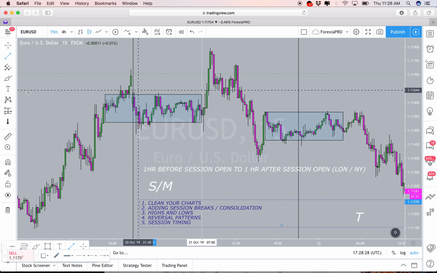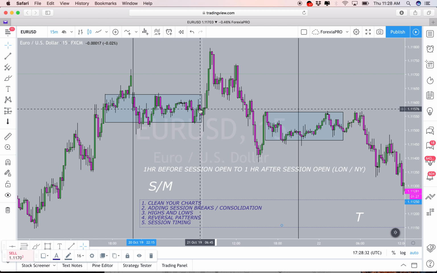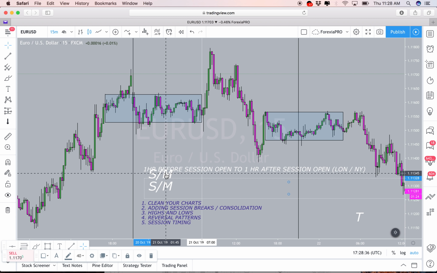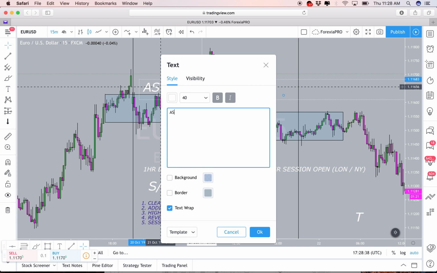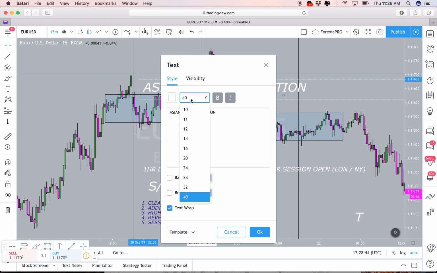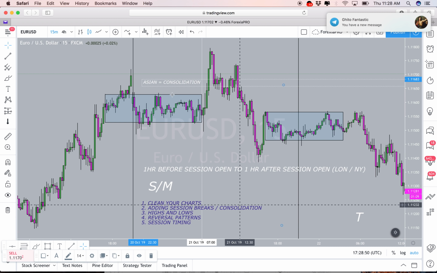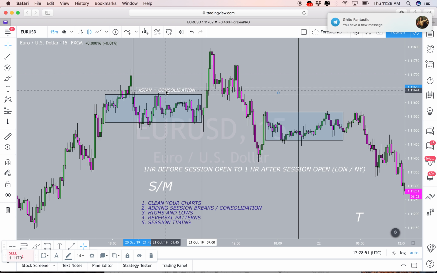So, we can see Asian session consolidation. Asian session is known for consolidation. At least that's what I teach my students.